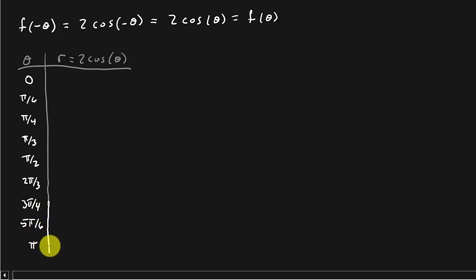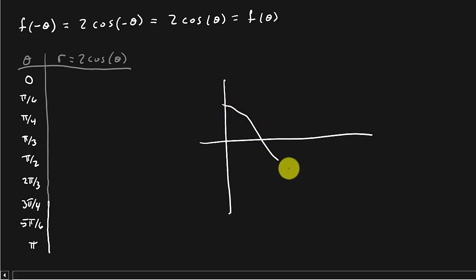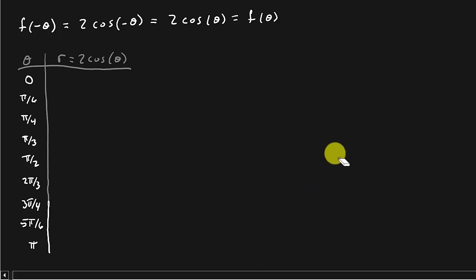All right, so I used a bunch of points here. Notice I stopped at pi. Why in this case did I stop at pi? Well, if you remember the cosine function, 0, 2 pi, pi. Once I get to pi, it just repeats. It's going to be the same values. So I'm just going to go to pi.